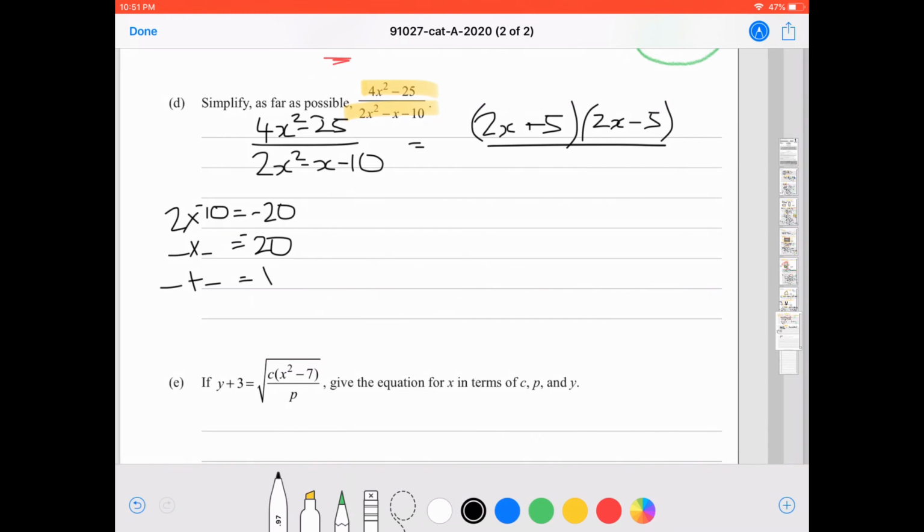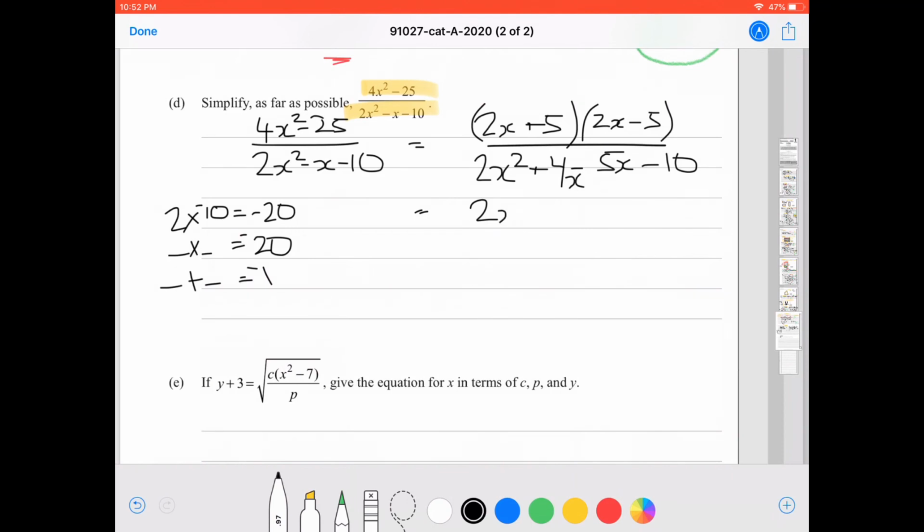And that will be 5 and negative 4, I believe. Actually, what is it? Negative 1, right? So it'll be negative 5 and positive 4. So we've got 2x squared plus 4x minus 5x and minus 10.